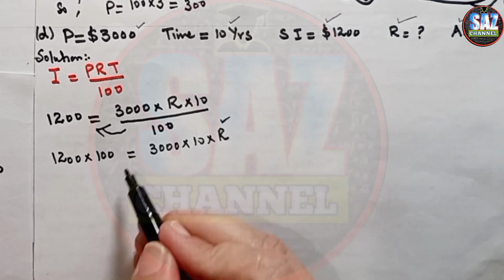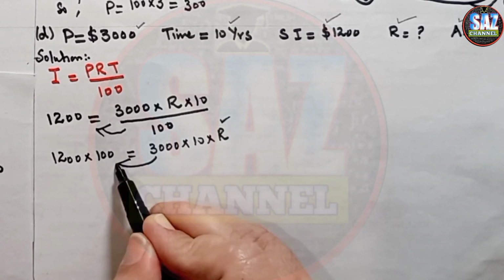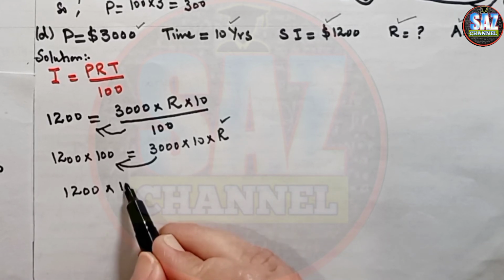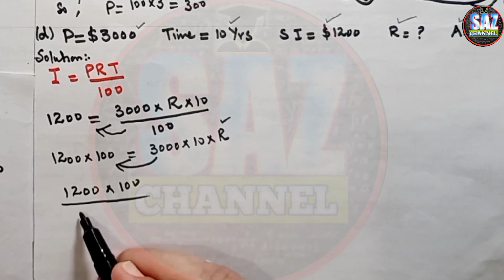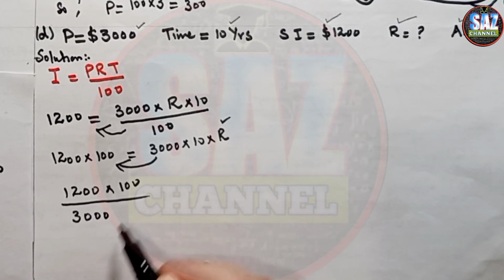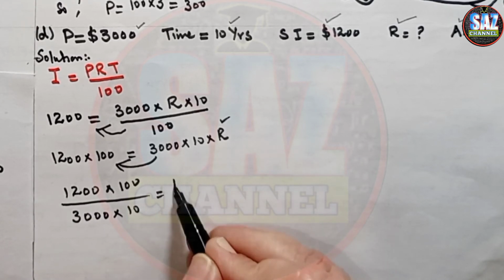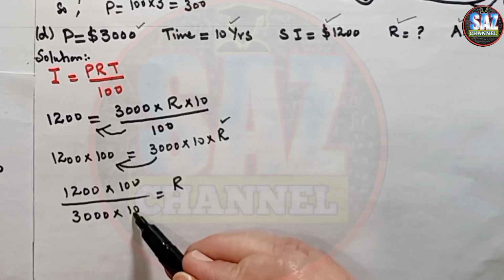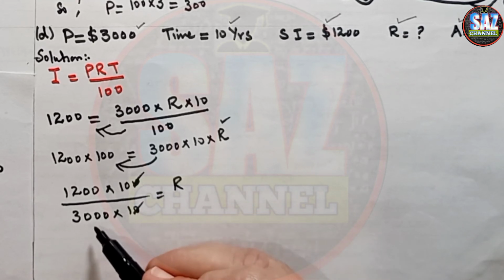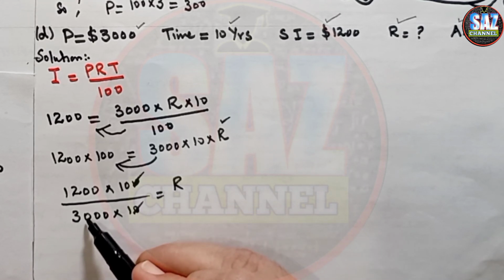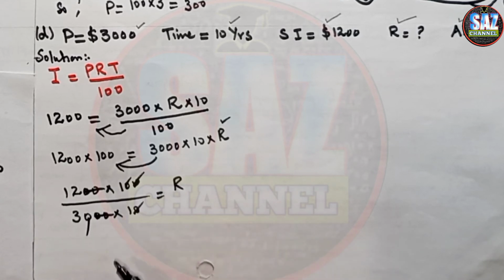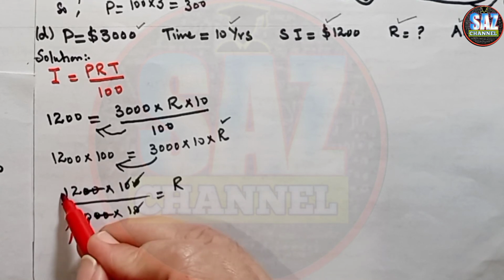Now in order to get the value of R, shift 3000 multiplied by 10 to the other side, and the equation will take the form 1200 multiplied by 100 upon 3000 multiplied by 10, which is equal to R. Now we can cancel this 0 with this 0, and then I am having 3 zeros in the denominator. 2 zeros I can cancel with these 2 zeros, and 1 zero can go with this, and I'm left with 12 by 3, and 3 ones are 3 and 3 fours are 12.